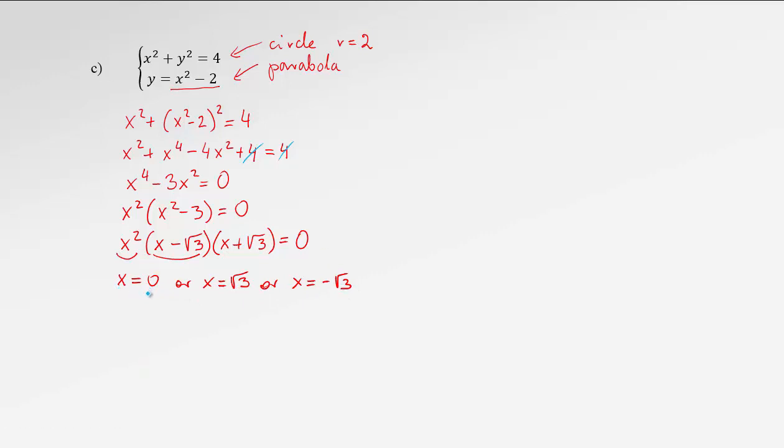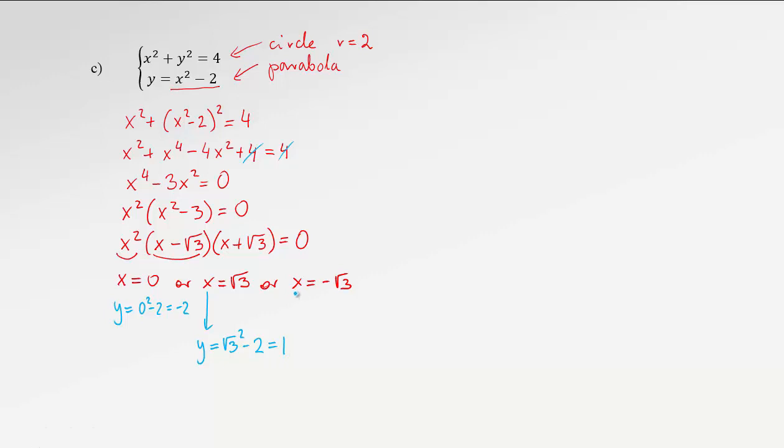Okay, for each x, let's calculate the corresponding y using the second equation. So here, if x is 0, our y will be 0 squared minus 2, which is negative 2. Over there, when x is root 3, our y would be root 3 squared minus 2. So it's 3 minus 2, which is equal to 1.